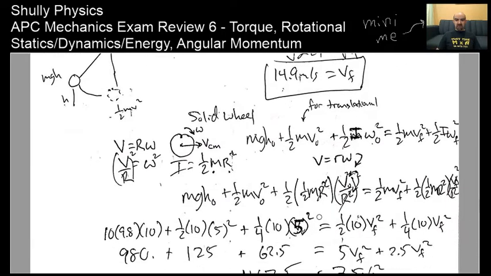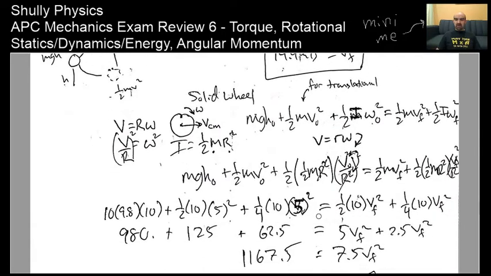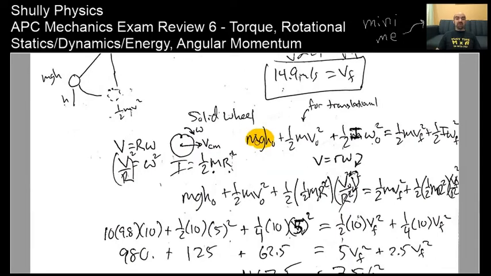All right, if we had a solid wheel, I think that's what this is. Yep. We would have the potential energy at the top plus the translational kinetic energy. Remember that the center of mass of the wheel is translating, so we do have to include that. That would be the mass of the wheel plus the rotational aspect of it. It's hard to get it going.